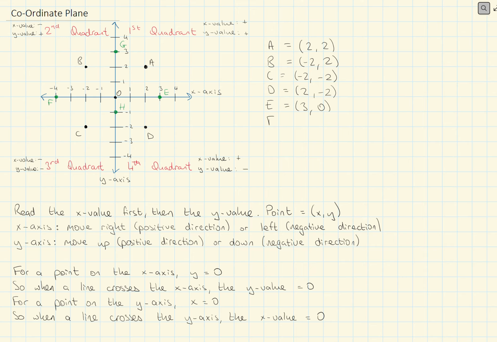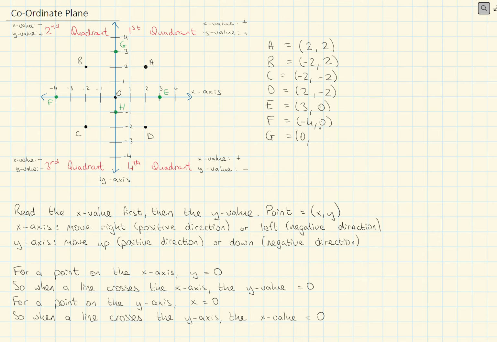If we have a look at F over here, the x value first gives me -4. We don't go up and down. My y value is just 0. Then to have a look at G, for the x value, we don't go right or left. We stay where we are, so it's 0.